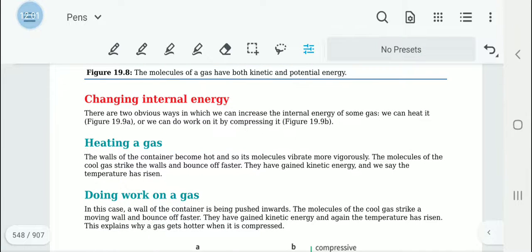A gas can be heated or done work on it, within brackets by compressing it. Both these situations will increase the internal energy and will demonstrate it by increasing its temperature.